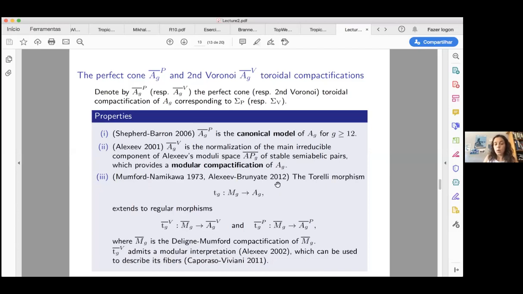2012. So what happens here is that, given a stable curve in Mg bar, we take its compactified Jacobian in degree g minus 1. Well, a certain compactification of the Jacobian in degree g minus 1, and they show that it's possible then to extend the Torelli map to these two compactifications of Ag as regular morphisms.